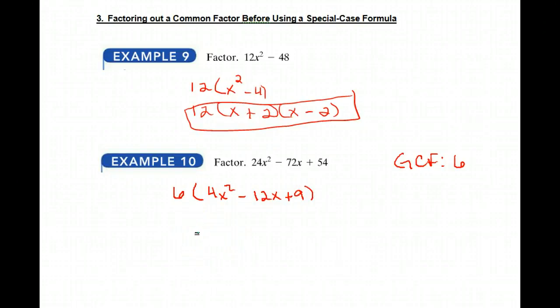As you're looking at that expression, you may think, oh, I need to do AC method, which would work. You would get there, but it's the long way because 4x squared is a perfect square. 9 is a perfect square. Its square root is 3.